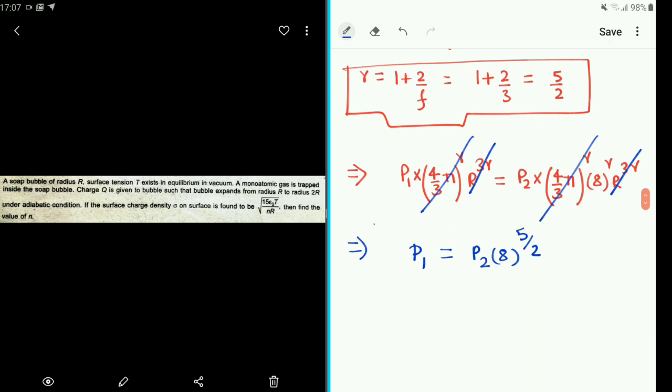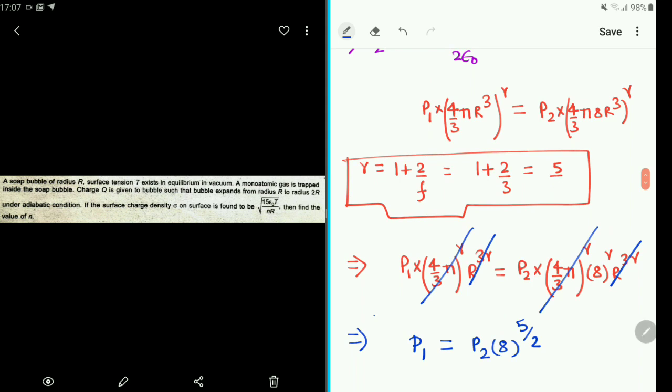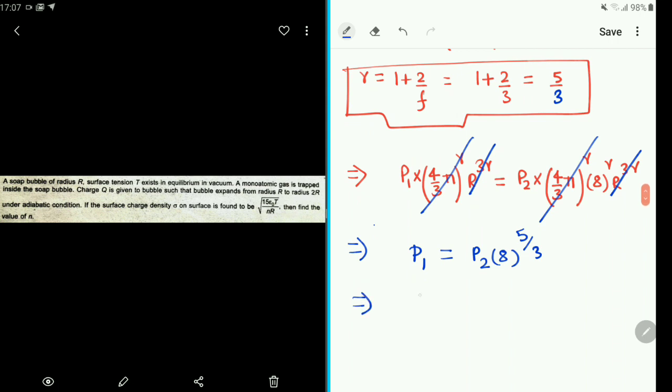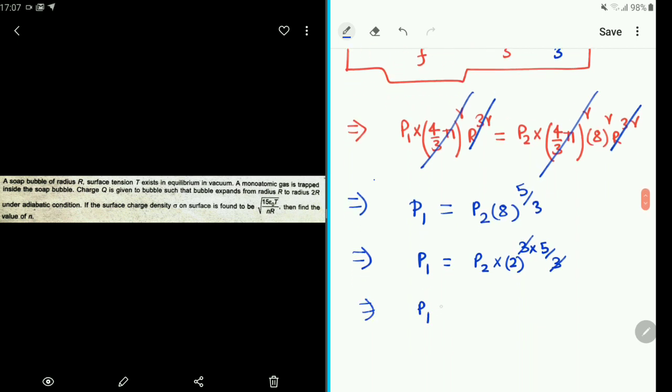So from here we can get the ratio P1 to P2, where gamma is replaced by its value 5 by 3. So P1 by P2 will come out to be 32, which is 2 to the power 5.